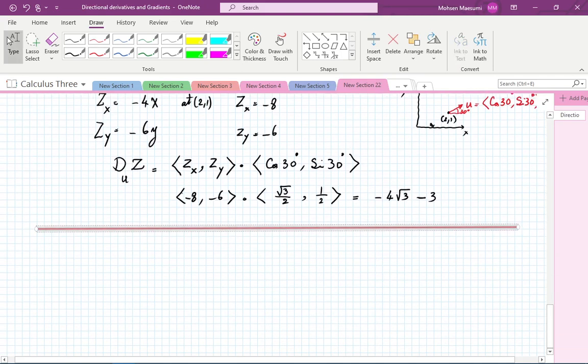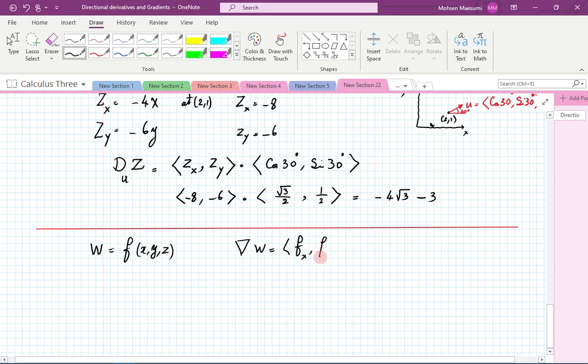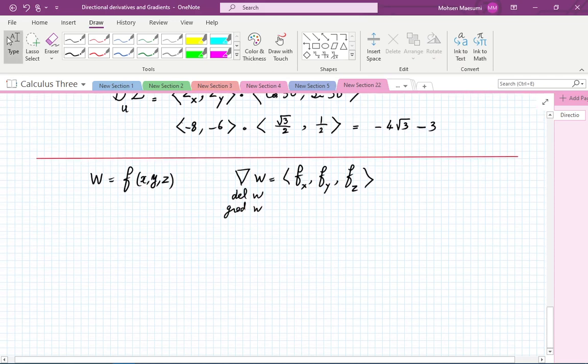Suppose I have a function of more than two variables. What then? Suppose I have w as a function of x, y, and z. Then what is del w? Well, that's going to be the partial of f with respect to x, partial of f with respect to y, partial of f with respect to z, all of them still. So it's read del w or grad w. Let's just pick a function.